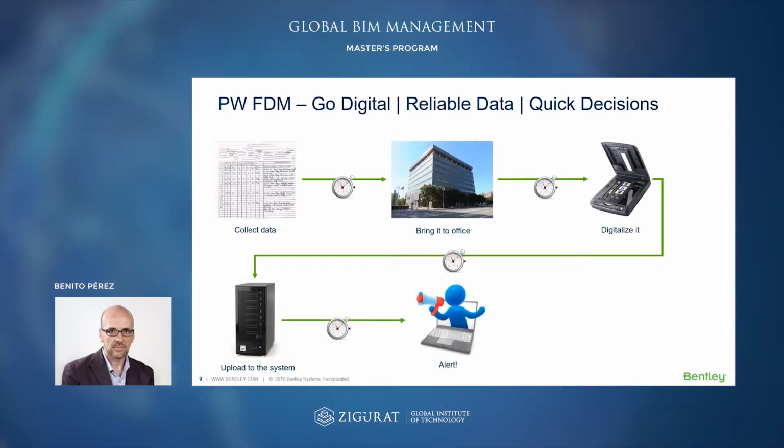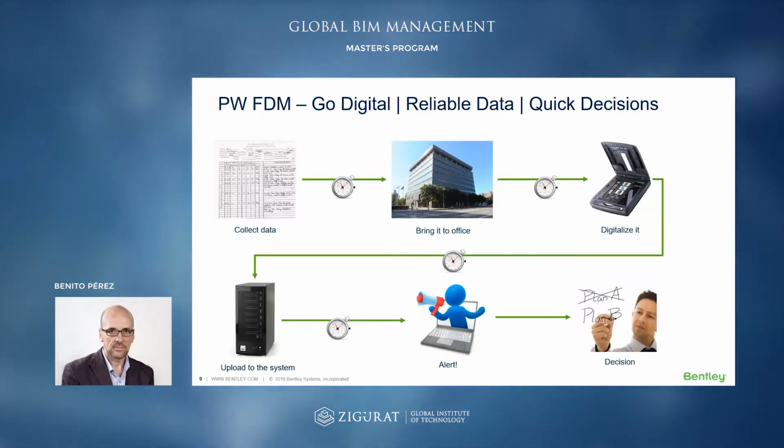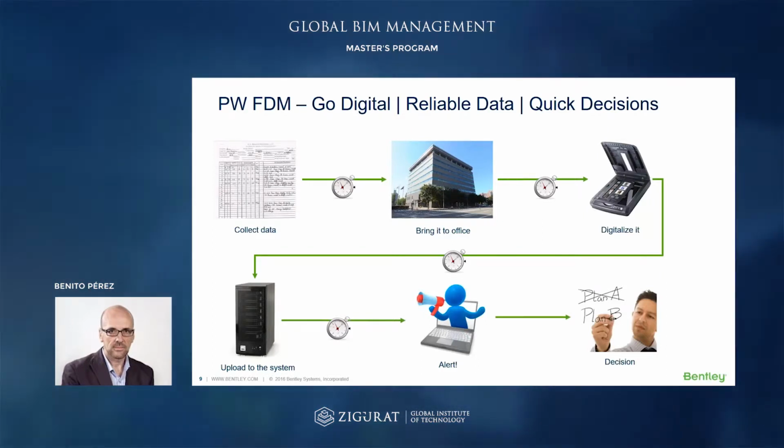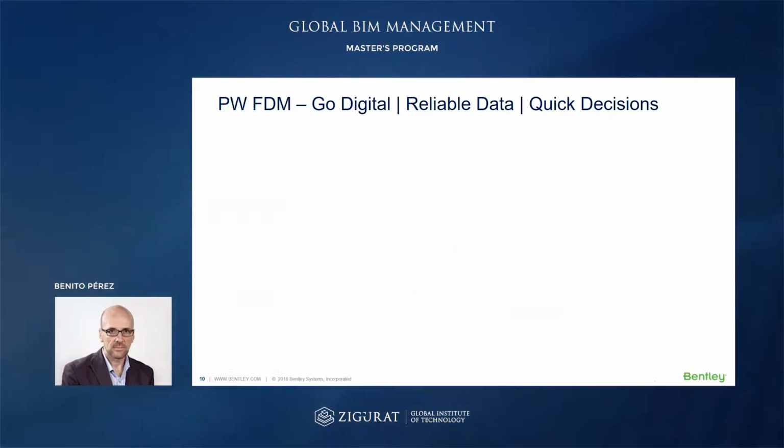And then if you see something that is wrong, or something that can be a potential issue, then you will react and do something. The problem is that maybe this can be done too late. So we need to speed up this kind of process. And here is where file data management can help you with that process.